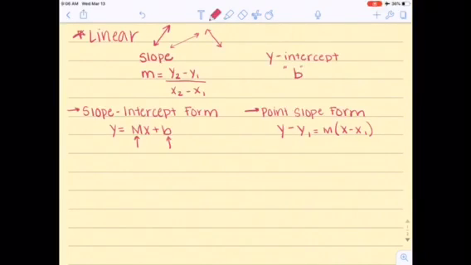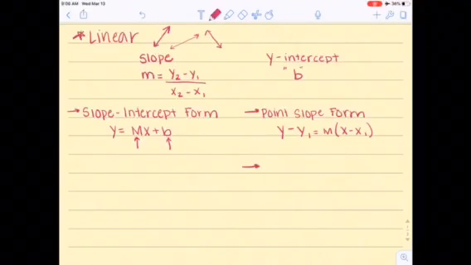Again, that can be another type of equation that we utilize in order to find the equation of a line. The last format that I want you to feel comfortable with and remember is called standard form. Standard form is represented by ax + by = c.